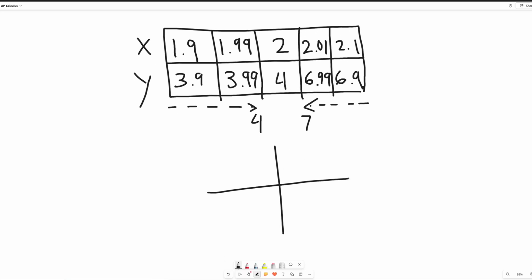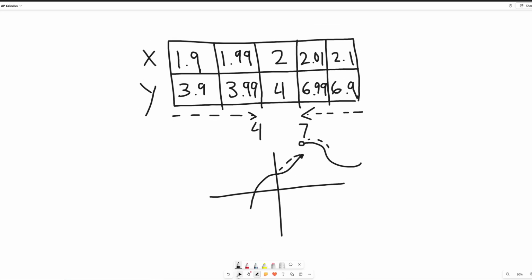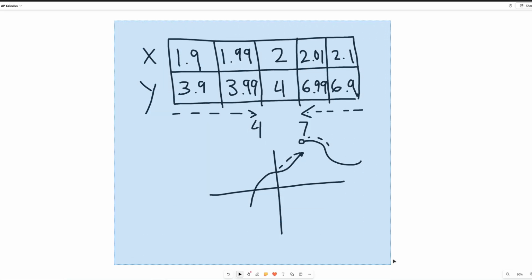This function would just look like something like this. And then up here is the 7 that's approaching from the right side. So it's defined at 4, and it even approaches 4 from the left side. From the right, it does not. It approaches 7, so this does not exist.